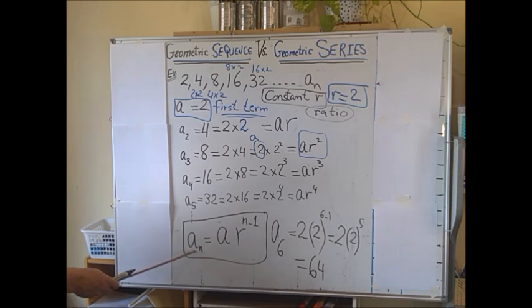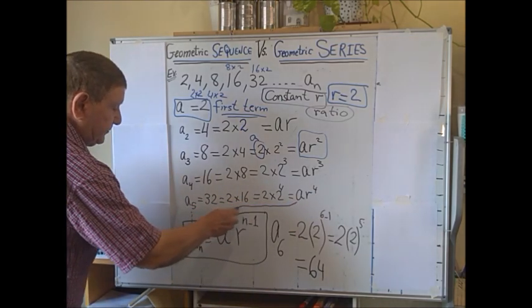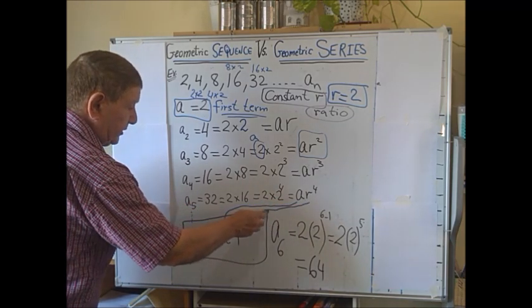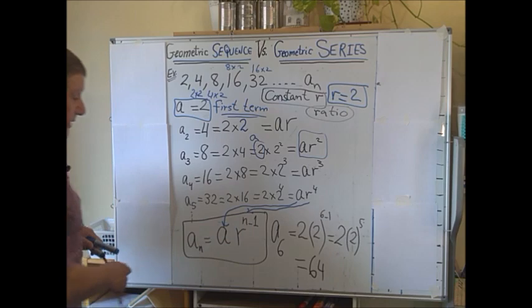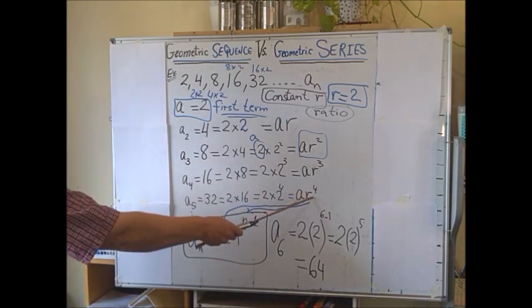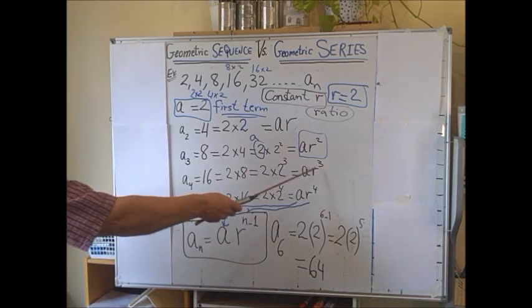In general, An, that's the nth term, will be equal to A times R. But as you can see, if this is the fifth, this is the fourth. So it's one less. This is the fourth, that's the third.